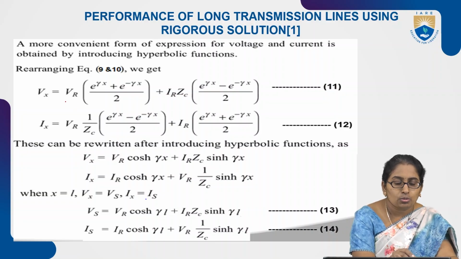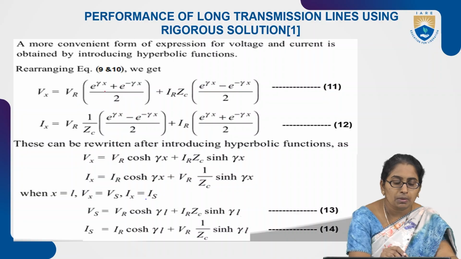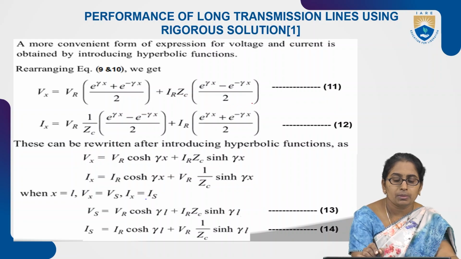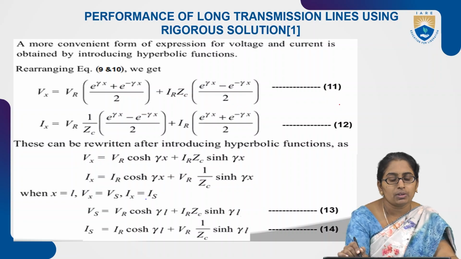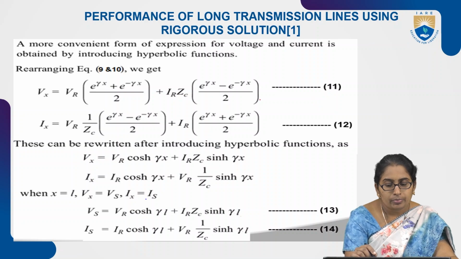So what is VR? From equation number 9, VR into e power gamma x plus e power minus gamma x by 2. And what is the IR coefficient? ZC into e power gamma x minus e power minus gamma x by 2. This is from equation number 9, so this is equation number 11.